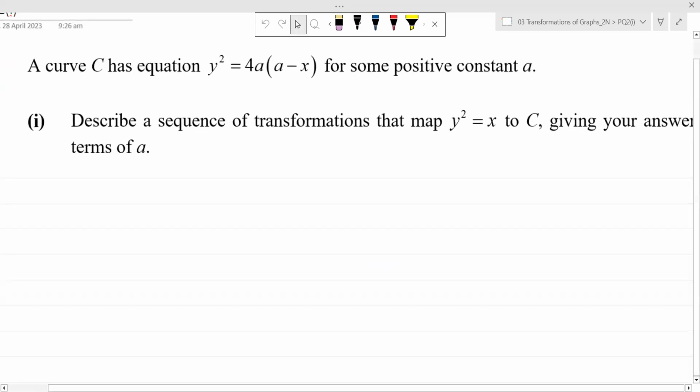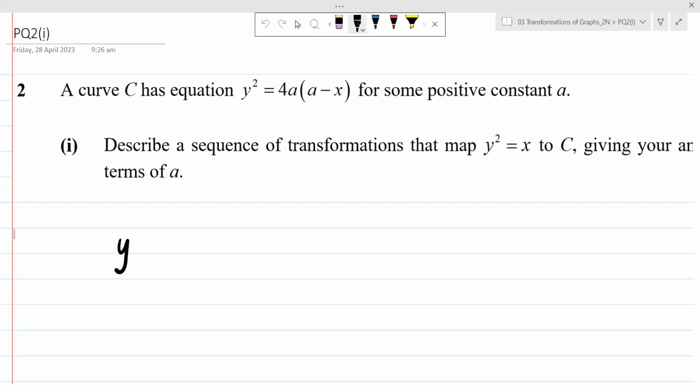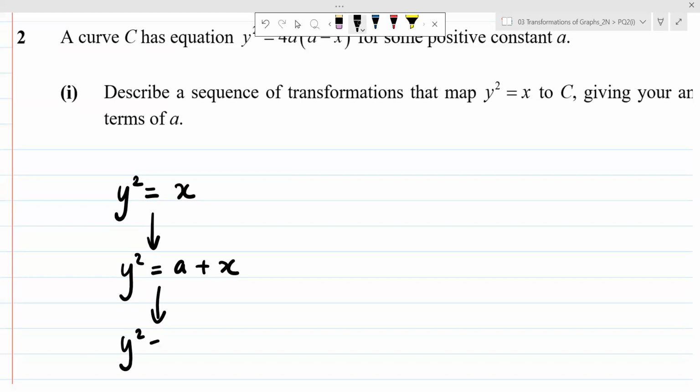If you try to translate first, I mean you could. Let's say we do a translation first. You will probably go down this route. Then later you're going to have a tough time.